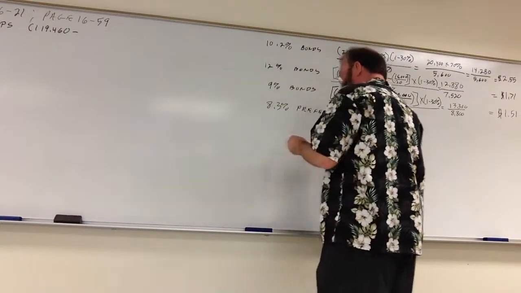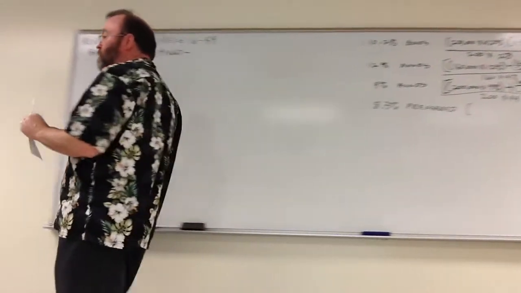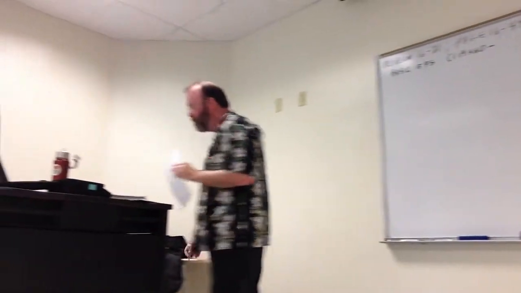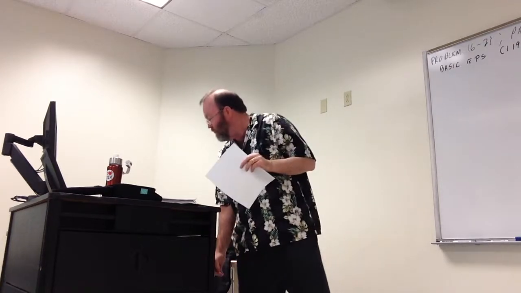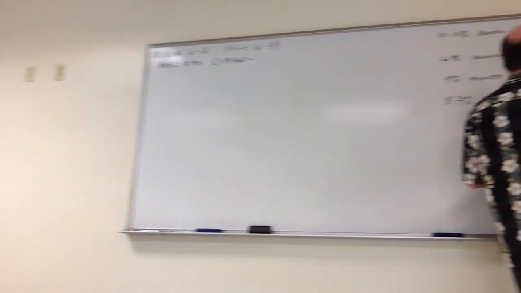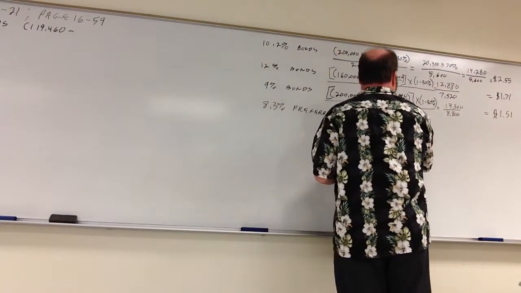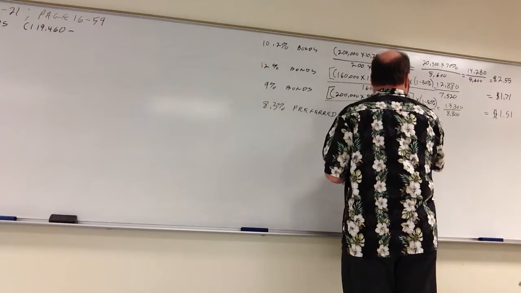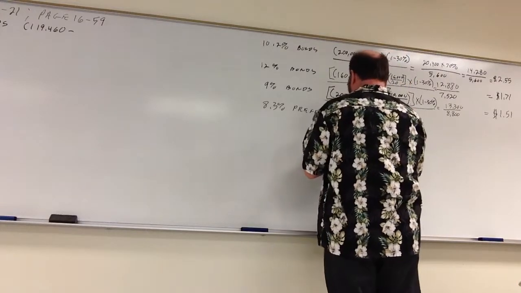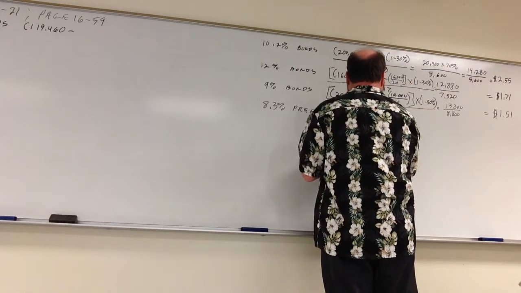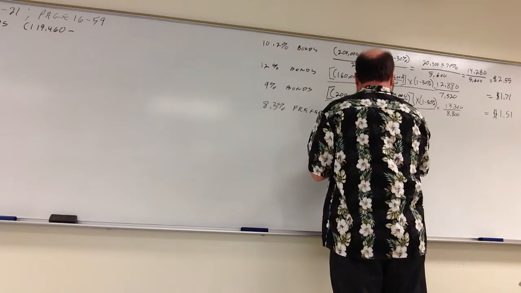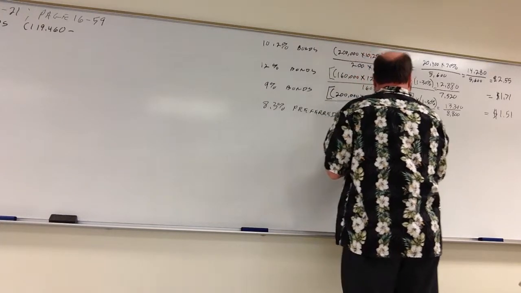So, what was it? 120 and 8.3. So there is 1,200 of these, each convertible into 3.9.